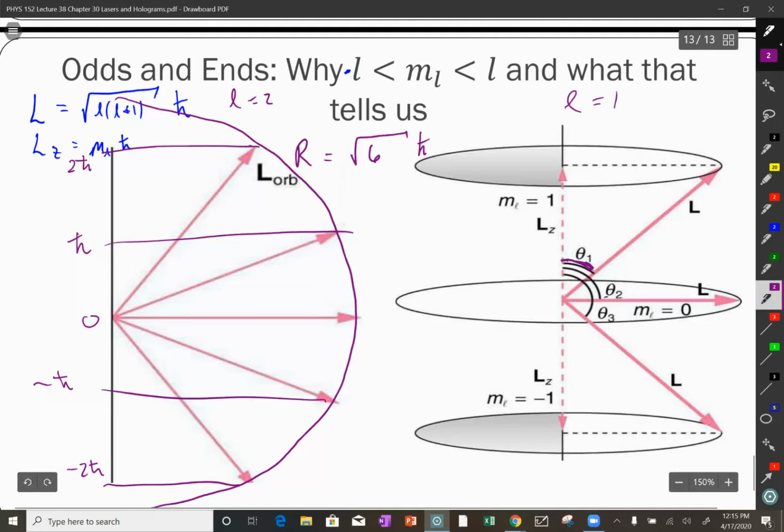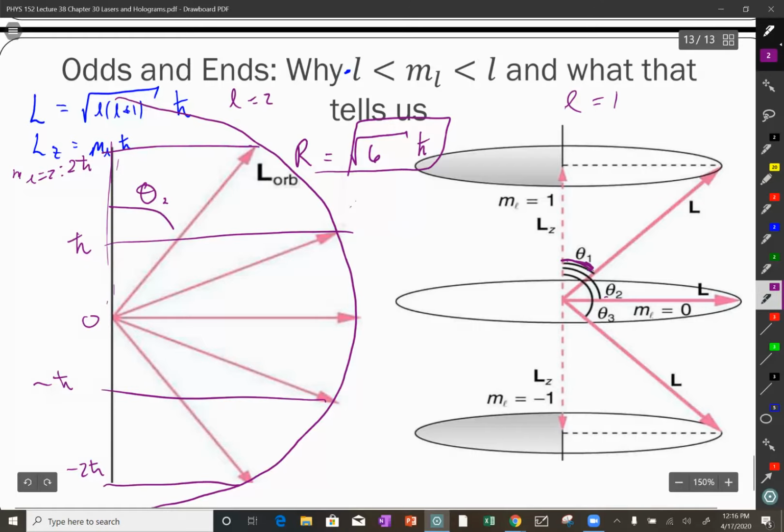And so we'll do the same thing here. If I have this one here, m sub L equals 2, then I have this angle theta 2, and I know the hypotenuse is square root 6 H bar, and the adjacent side is 2H bar.